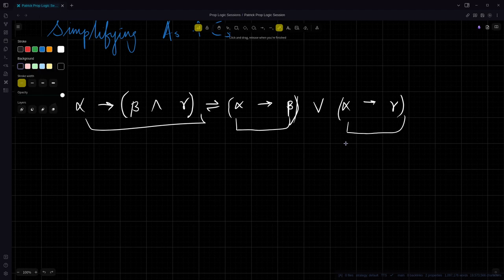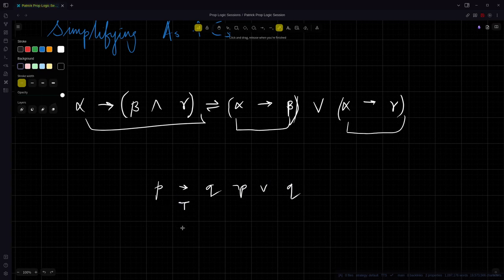So when you take both of them and do a disjunction, the truth table won't change. Let's try it with this. P implies Q is the same as not P or Q, right?